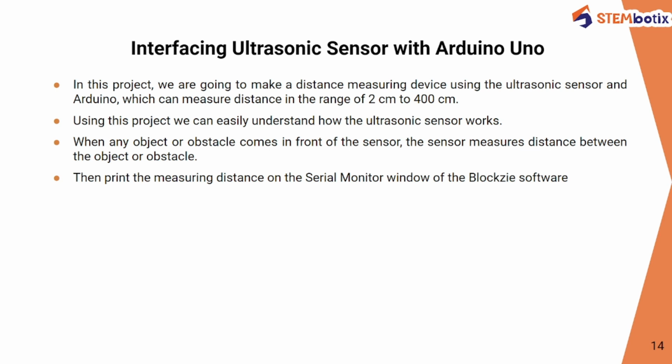This is the simplest task when we want to see how the ultrasonic sensor works. Whenever there is an object, the sensor measures the distance between the sensor and the object, and it will be printed on the serial monitor window of Blockzie software. So here we are going to use Blockzie software for coding.